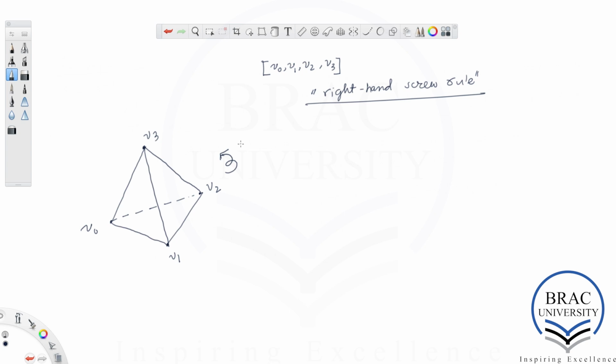Okay. So we can similarly have the same three simplex given by this notation V0, V2, V3, V1.